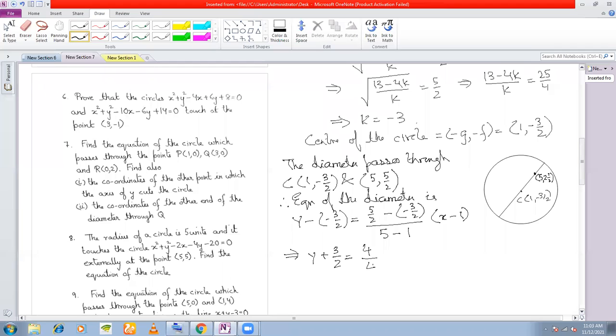And in the denominator you have 5 minus 1, 4, x minus 1. So this cancels here. So you can now find out the equation of the diameter to be 2x minus 2y minus 5 is equal to 0. Okay, so this was an easy enough question. We can move on to the next problem then.